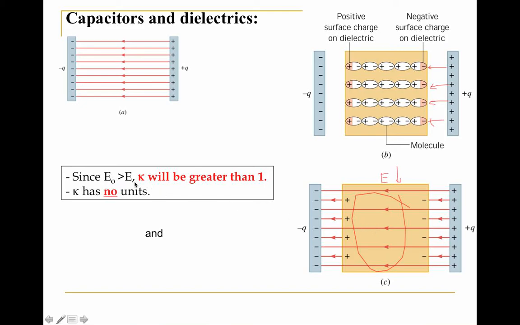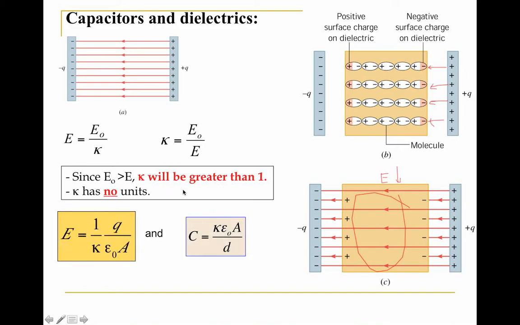So E is equal to E0 over kappa, or kappa is equal to E0 over E. This means that kappa, the dielectric constant, must always be greater than 1 for dielectric material to work the way we want. The new electric field is simply E0, which is Q over epsilon A, divided by kappa.